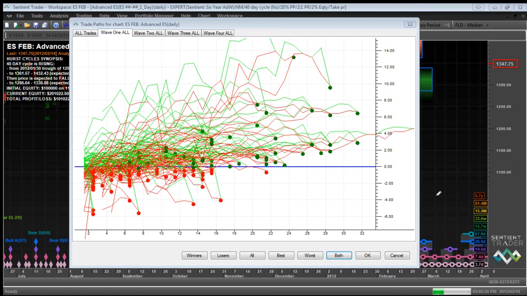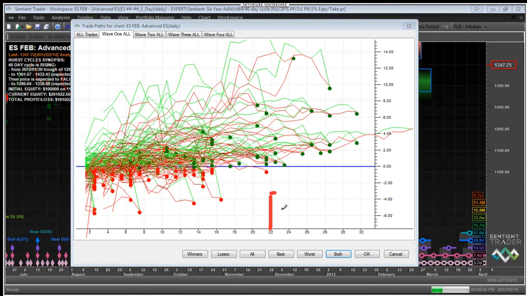Luca asks, why are there green dots between, for example, 13 and 14? Luca, it's just the way that the charts are plotted. You can see here on the scale that I've got here, this 22 lines up with this bar.